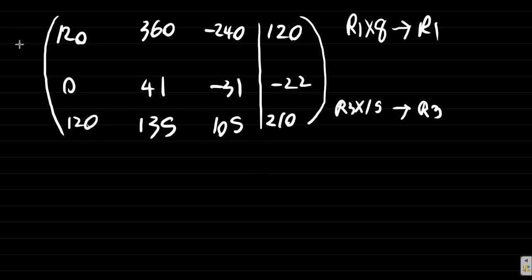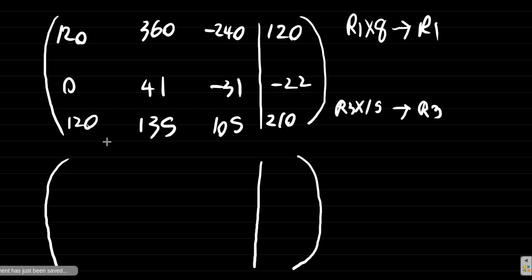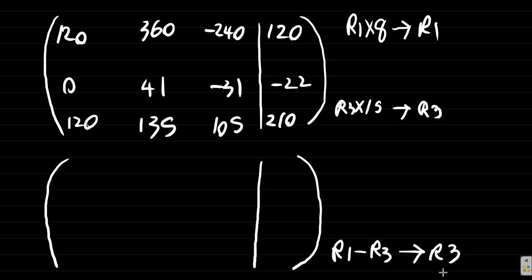Now, what we're going to do, we're going to change row 3. So we could say row 1 minus row 3 will lead to a new row 3.